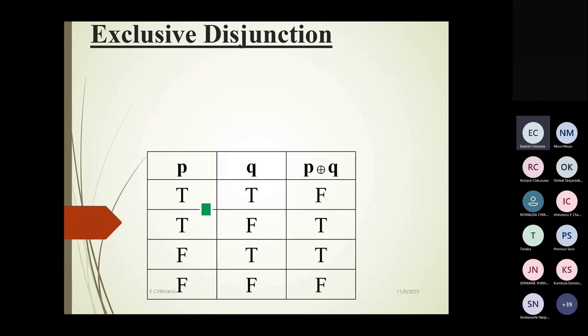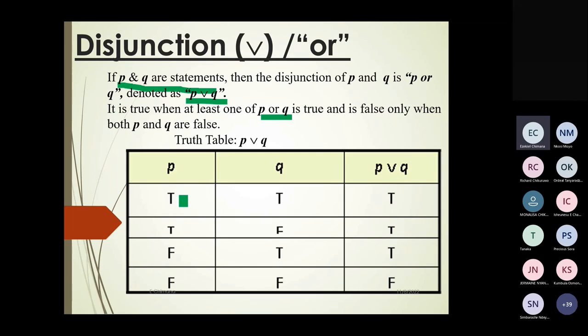For example, if the first statement is true and the second statement is true, we can do something. So it is true. If the first statement is true, and the second is false, we can still do that because we've got the truth value true at one of the inputs.